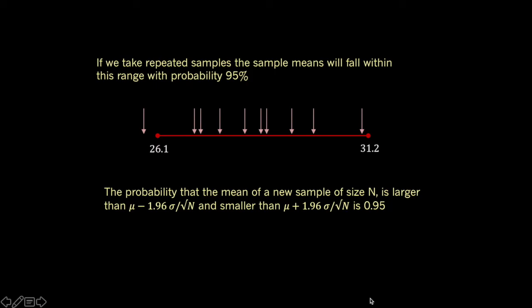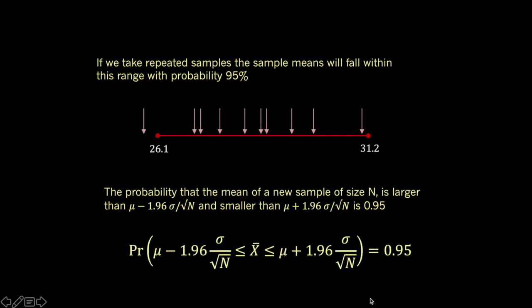That's the same statement we made before, just a little bit more rigorous. And if you want it written purely mathematically, you can write it like this. The sample mean here is a random variable, so we can make probabilistic statements about it. The new sample mean will fall within this specified interval 95% of the time. So this probability is 95% or 0.95.